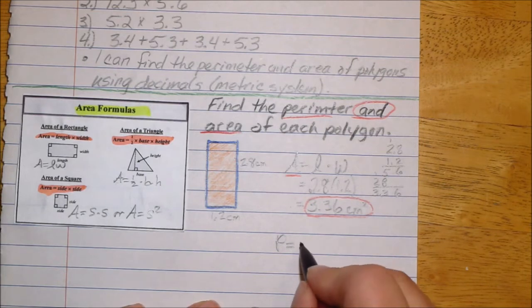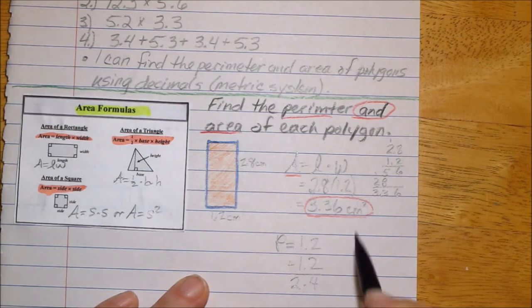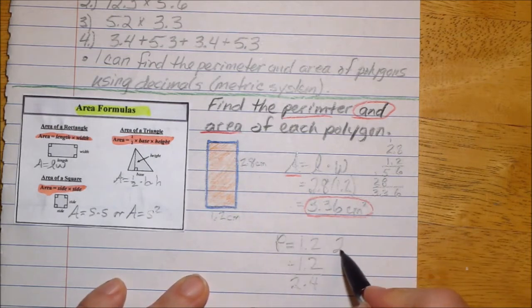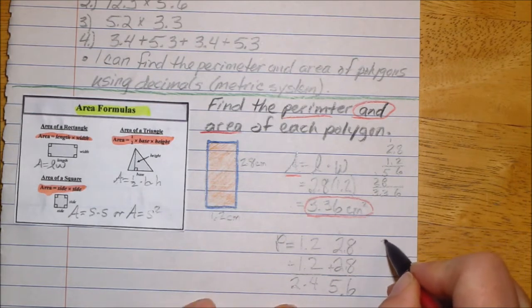Or I can add up 1 and 2/10 plus 1 and 2/10, which gives me 2 and 4/10. Then I can add up the other side, 2 and 8/10 plus 2 and 8/10 gives me 5 and 6/10, and then I can add these 2 numbers together to give me the total perimeter.